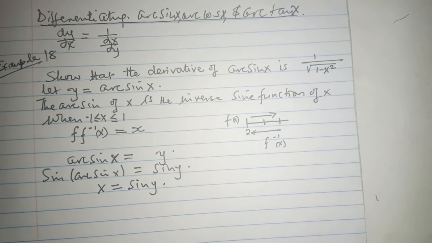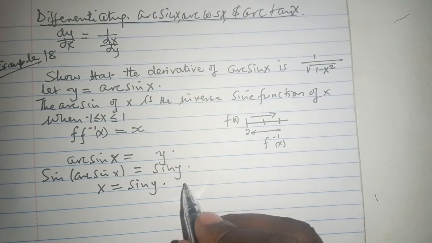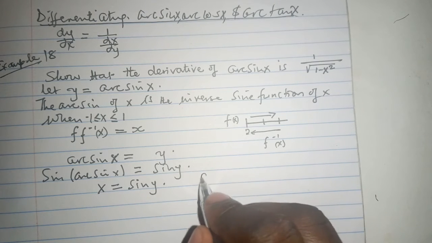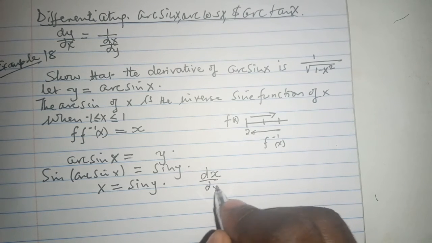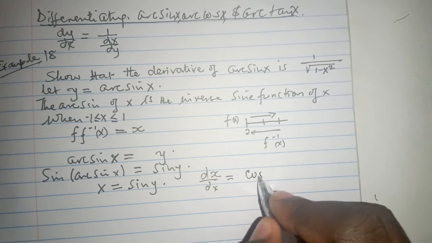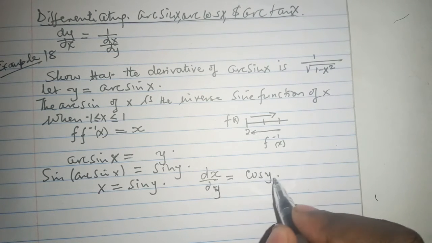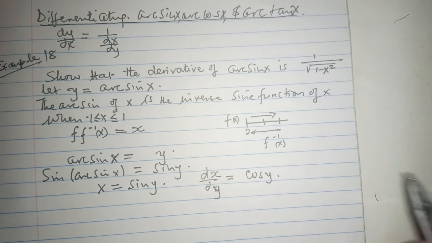At this point, we have an expression that starts with x, so we can talk about dx/dy, which is the cosine of y.